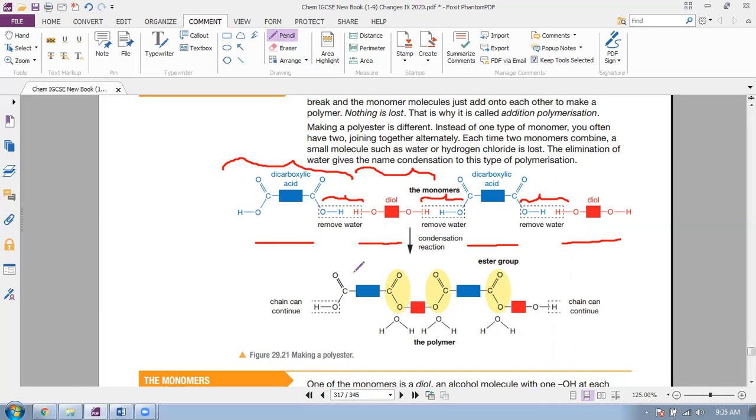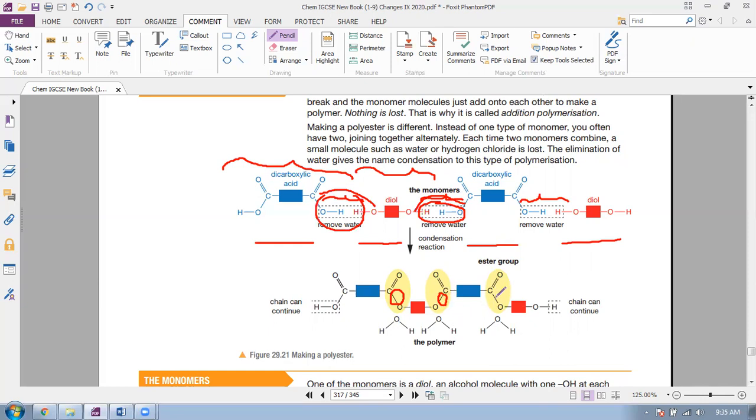You have to practice drawing this diagram. Look at this part, it actually goes away as water. There is a carbon and this oxygen, and they would form a bond. Look at this bond, that is the newly formed bond. Carbon and oxygen bond. This part would be gone as water, and this carbon and this oxygen would form a bond, and that bond is this bond.